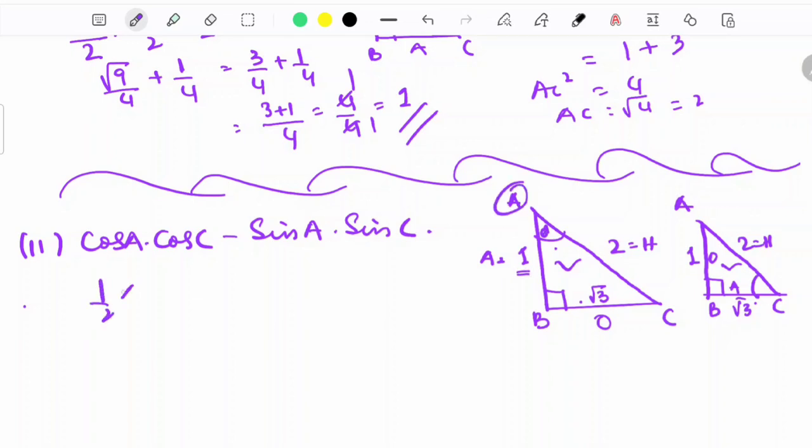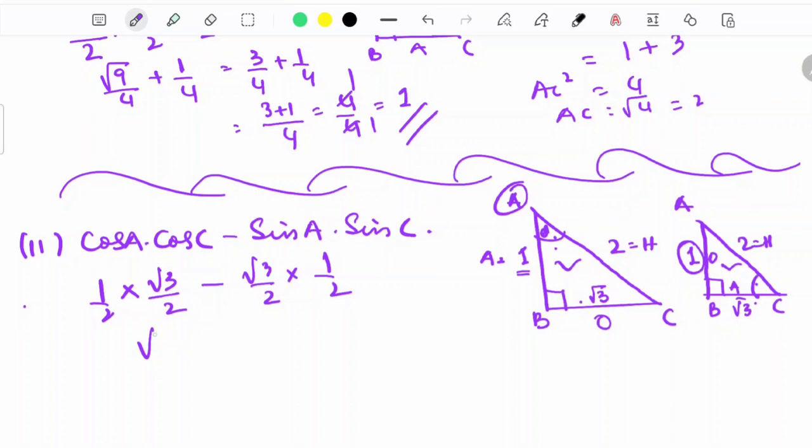So 1 over 2 into cos C, the second figure, adjacent root 3 over 2, minus sin A. So figure 1 for A, sin is opposite over hypotenuse. Opposite is root 3 and hypotenuse is 2, into sin C. Sin C is opposite, that is 1 over 2.